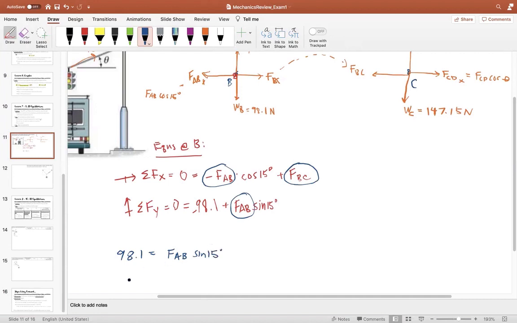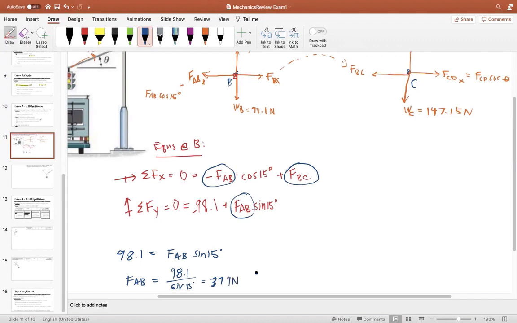Divide by sine 15, my bad. So FAB is 98.1 over sine 15. Anyone have a calculator? Yeah, it's 379 newtons.